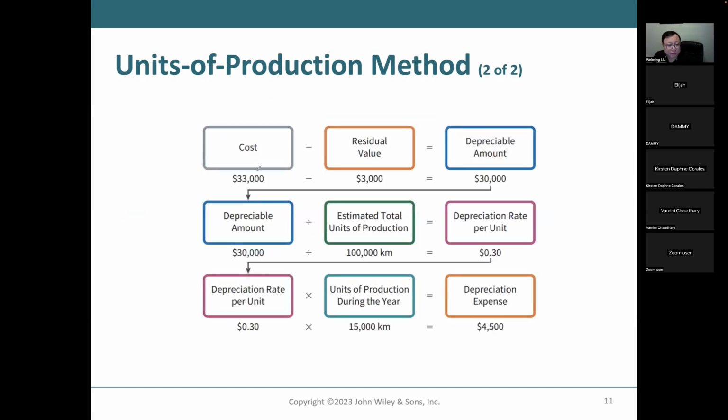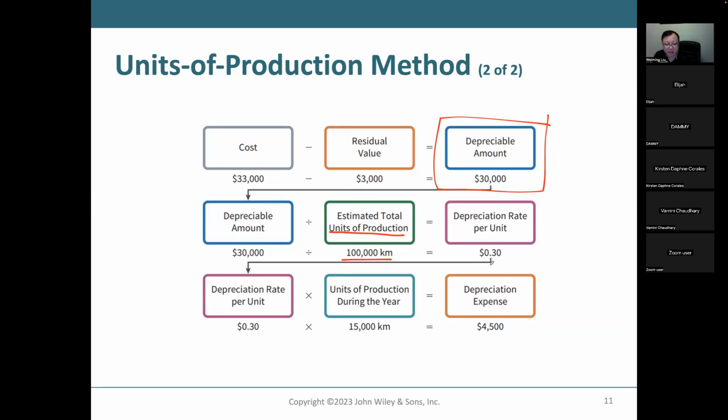So in this question, the total depreciable amount is $30,000, and the total units of production for the vehicle is, you can run it for 100,000 kilometers. Okay, so you divide your depreciable amount by the total number of kilometers.